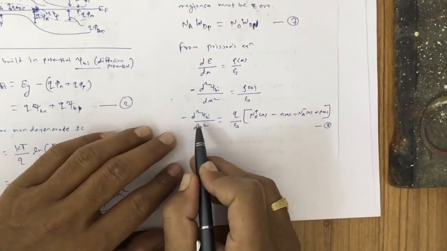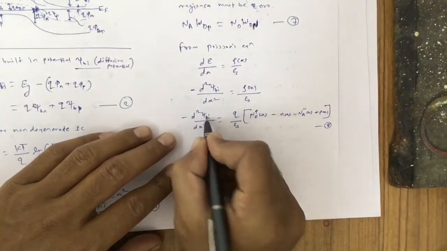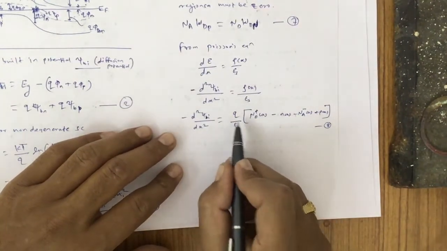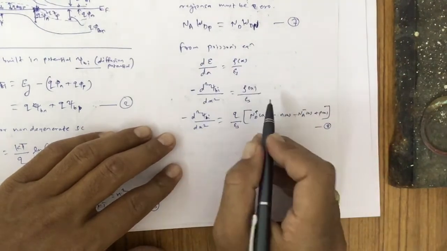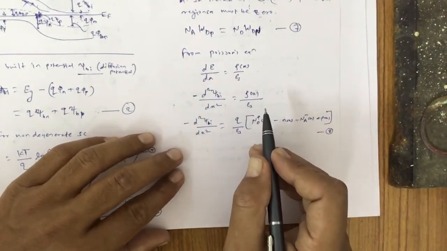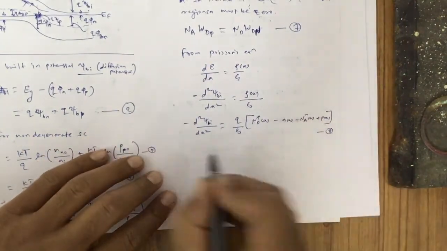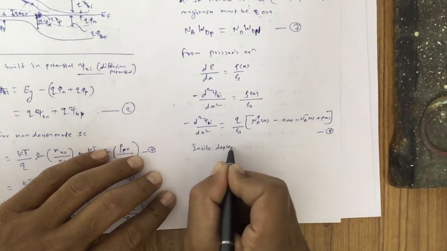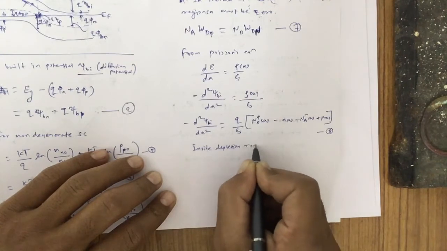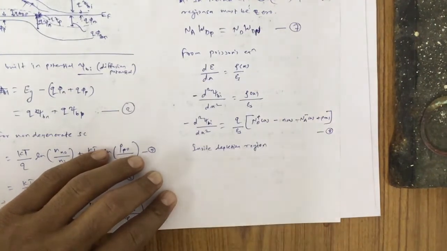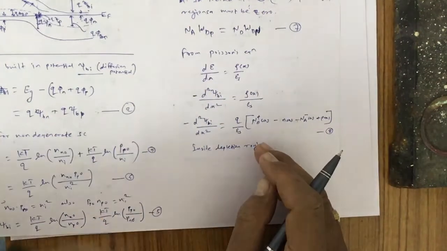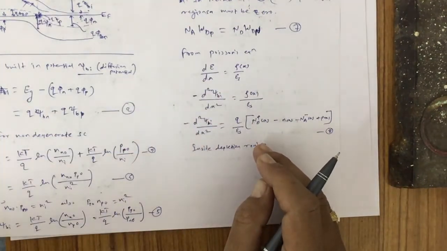So minus d2 psi bi by dx square is equal to q upon epsilon s, times this difference. Inside the depletion region, what will be the carrier concentrations on both sides? Inside the depletion region almost all electrons and holes get recombined.